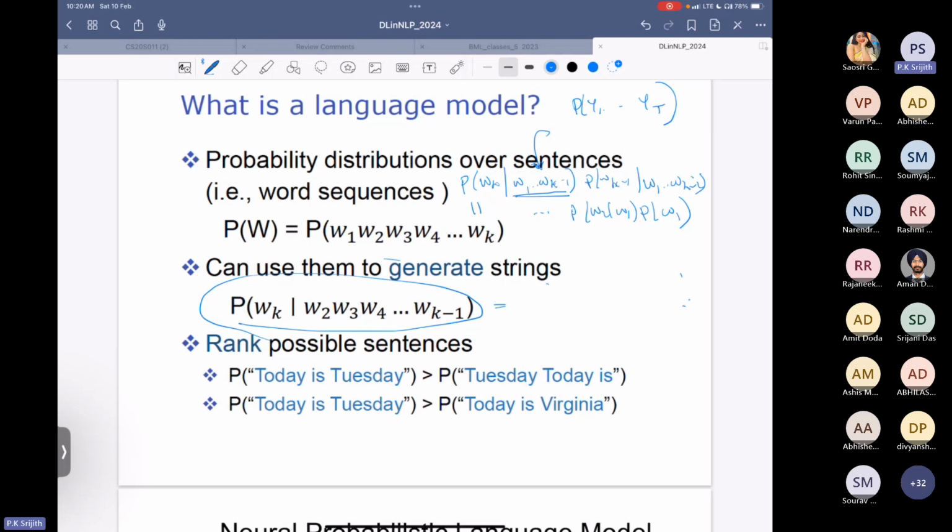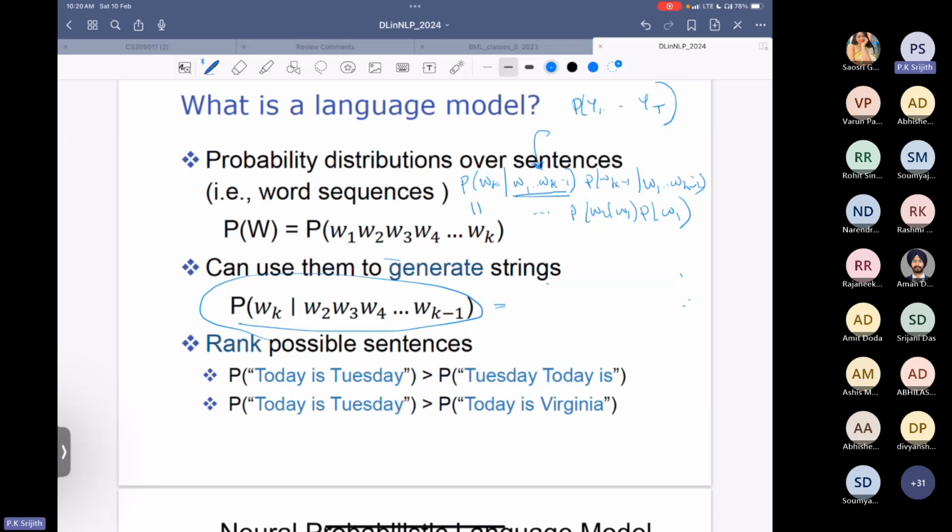A similar kind of assumption people make in the case of language modeling also, where you assume some sort of first order or second order or third order Markov assumptions over these conditionals.